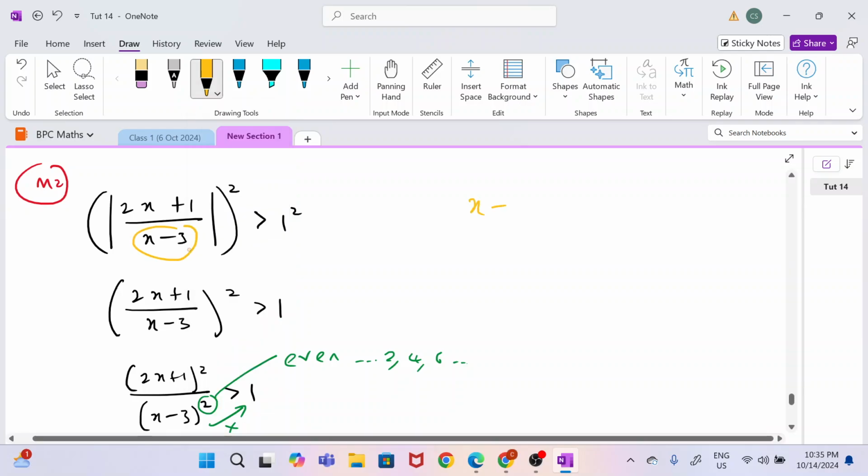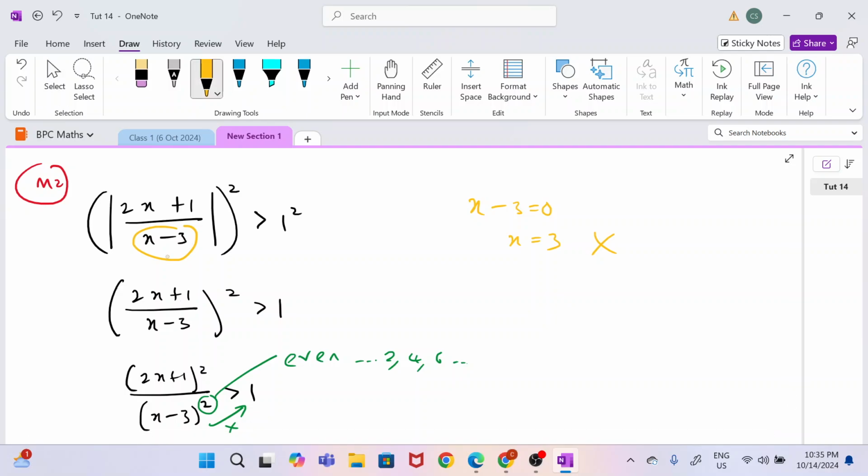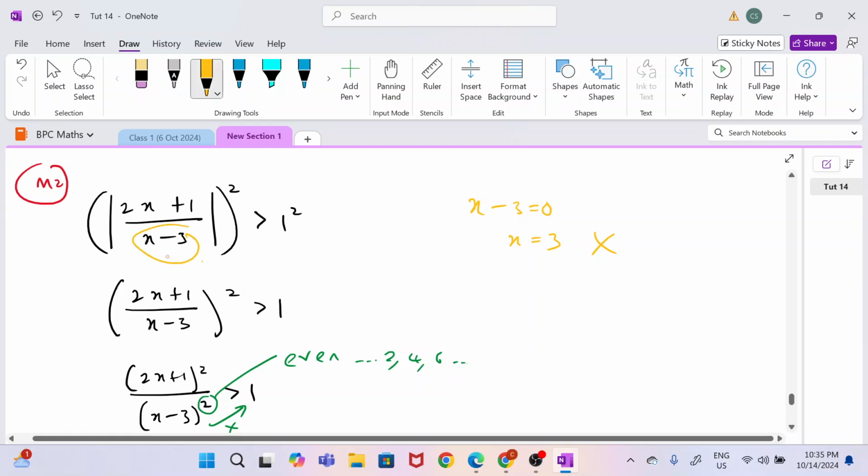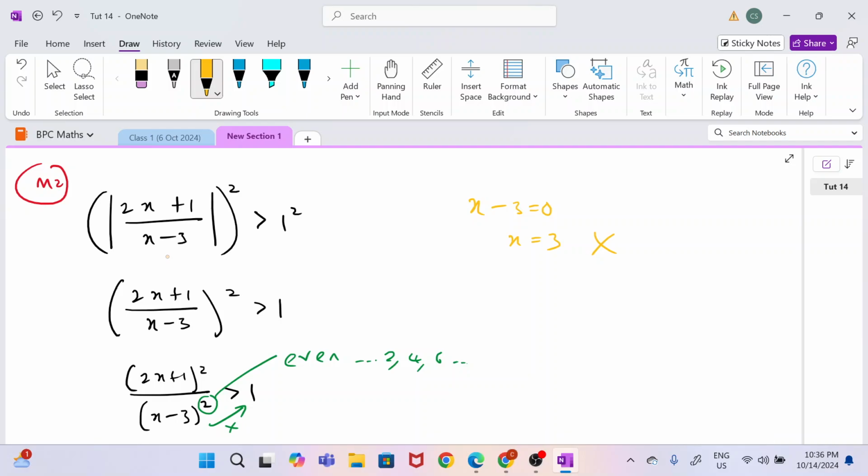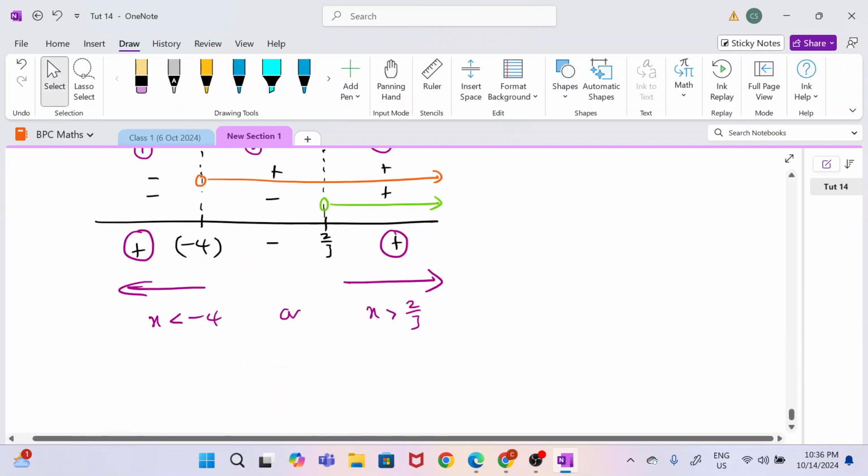What number we don't want here? We don't want x equal to 3. What happens if I put 3 here? The whole thing becomes 0. If you press any number divided by 0 in the calculator, it gives a math error. We don't want this to happen. So look at the solution now.